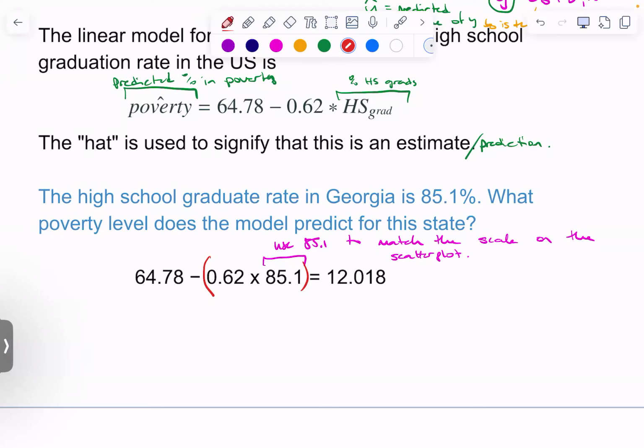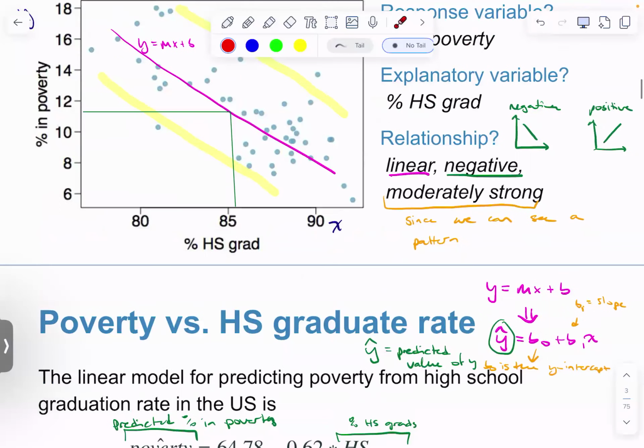What's nice about regression is you can always check your work. We said I anticipate that this predicted value should be somewhere between 10 and 12, right? And so now I can take my 12.018 and say, well, that looks reasonable, because I was just drawing to some fake line that I drew. So it looks like it would actually be kind of here, fudging the line over a little bit, but nothing crazy.